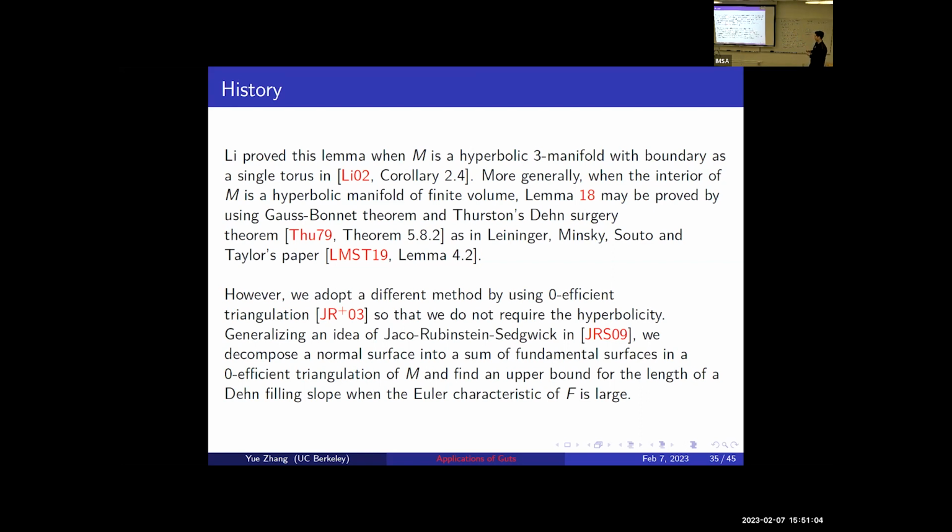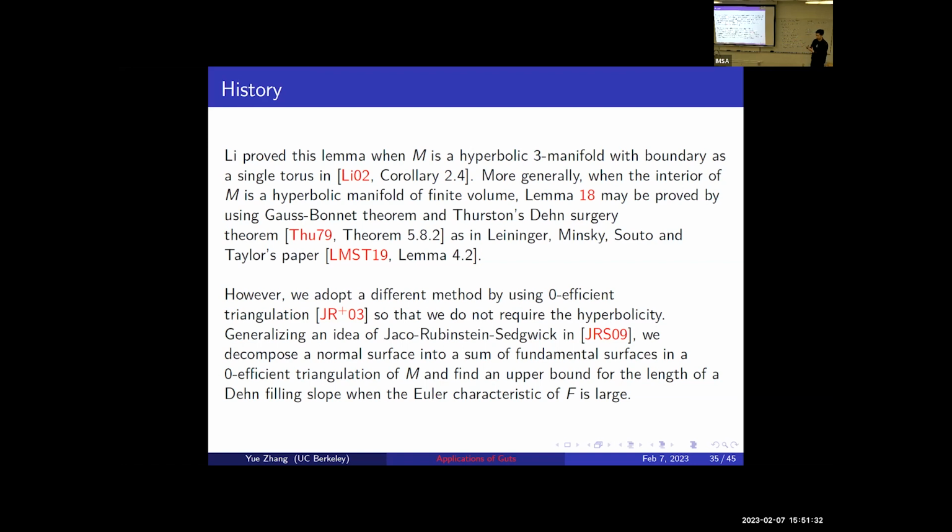And we generalize an idea of Jaco, Rubinstein, and Sedgwick. We can decompose a normal surface into a sum of fundamental surfaces in a zero-efficient triangulation of M. Then every normal surface will be expressed as a sum of these fundamental surfaces.